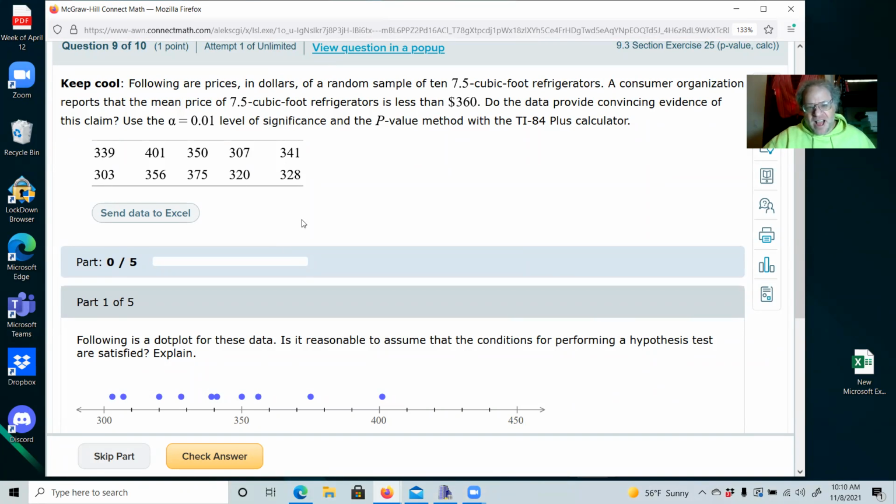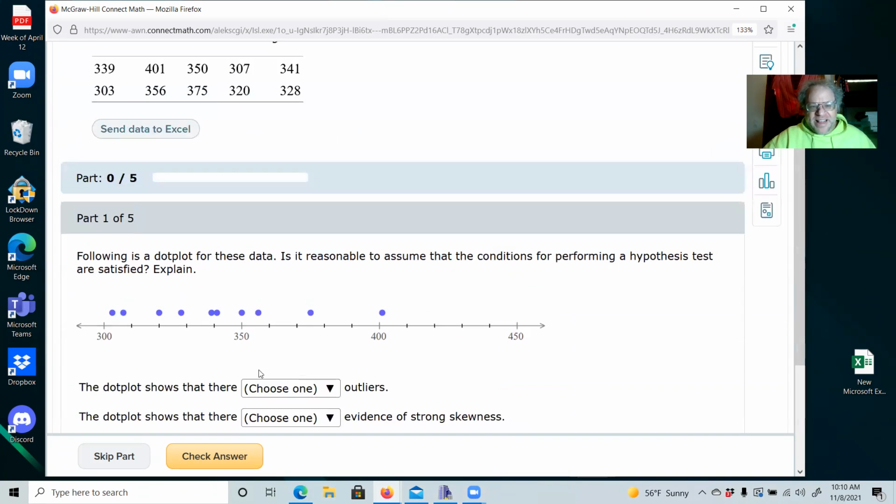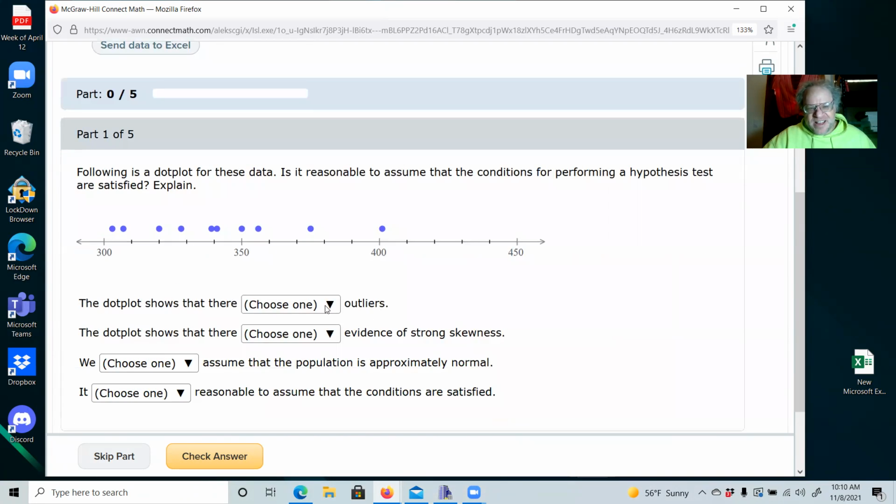Okay, again, I hate the fact that they actually ask you to do this, because at this point you're looking at this 400 and I'm like, which one of these is not like the others? I'm going to say that I don't think they have outliers. There are no outliers, but I could be wrong. Okay, the dot plot shows no evidence of strong skewness.